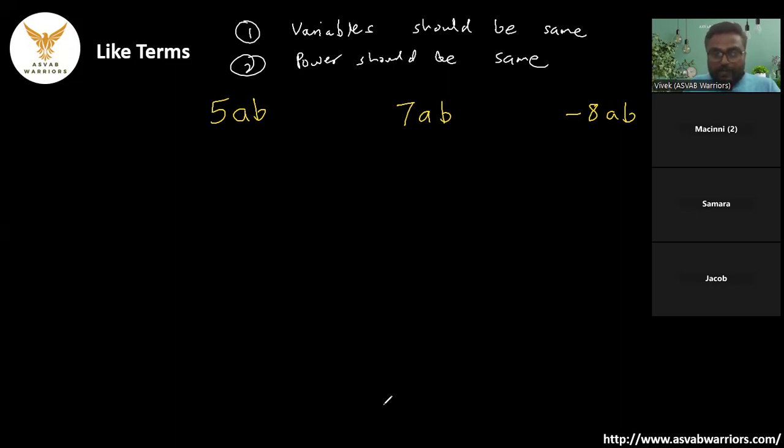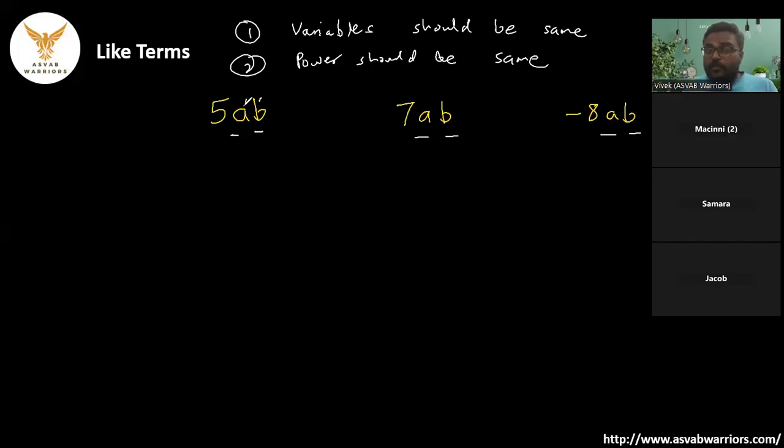Yes, Samara is saying 5ab and 7ab. Samara, negative 8ab is also a like term. All these three are like terms. Why? There are only two conditions for it. Variables should be the same. If you observe a, b, a, b, a, b, the variables are the same. Let's check their power.